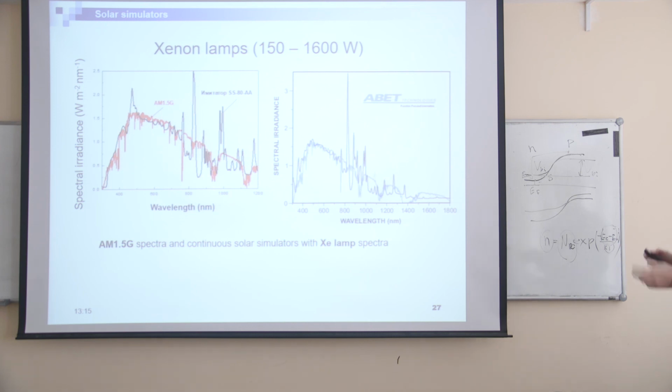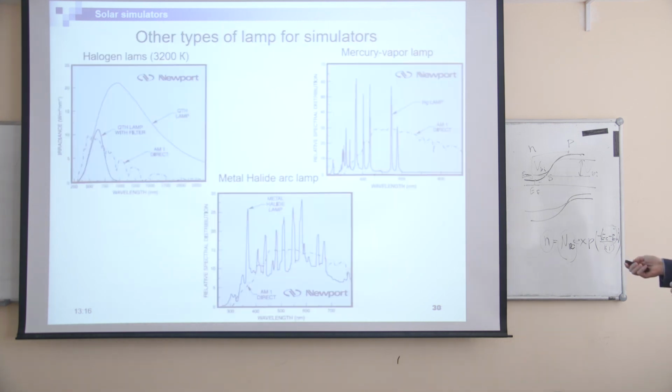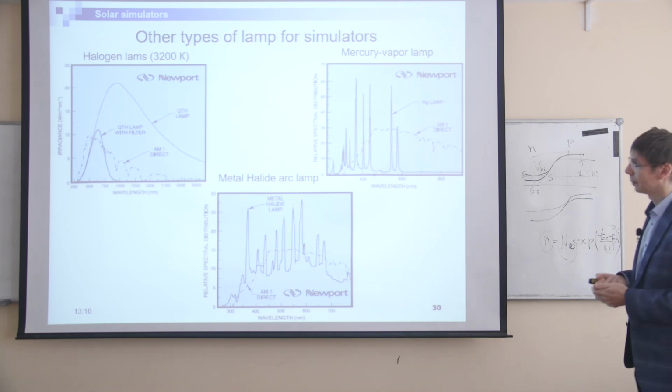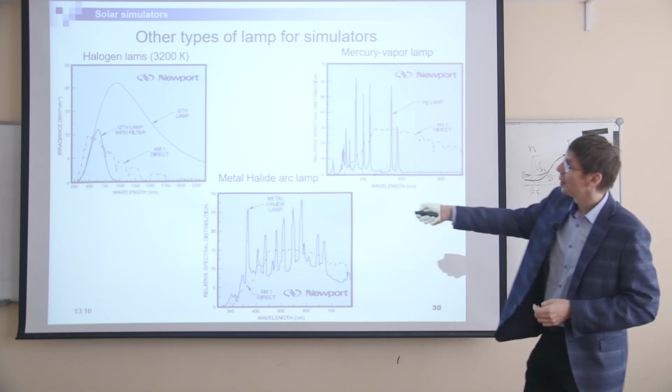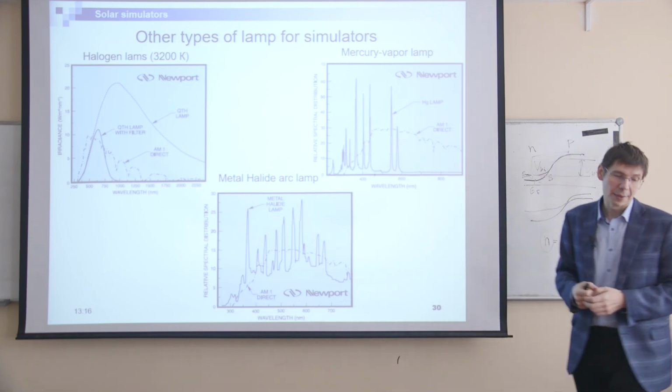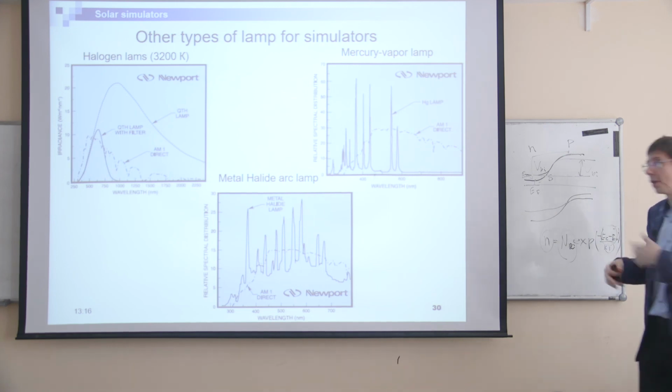spectrum match. But if you have a look at the different types of solar simulators, you can compare other types of lamps, just quickly. Halogen lamps are very nice to use because it's very convenient.